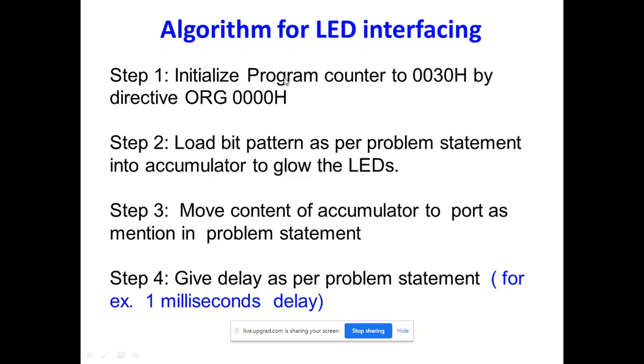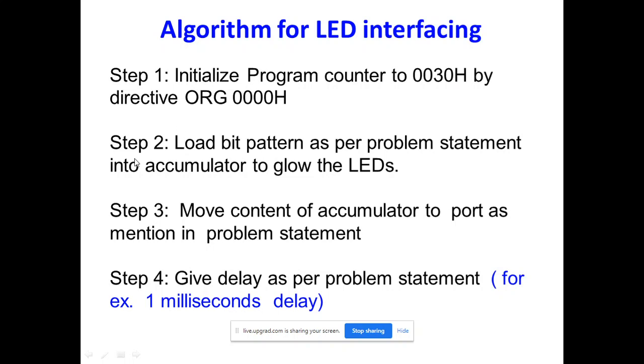By default our program counter shows location 00H, but we don't want to write there because that is the location for the register bank. The purpose of the register bank is to hold data, not to write the program, and that's why we want to jump to the scratchpad, which starts from 0030H. So in the first step we jump to location 0030H.